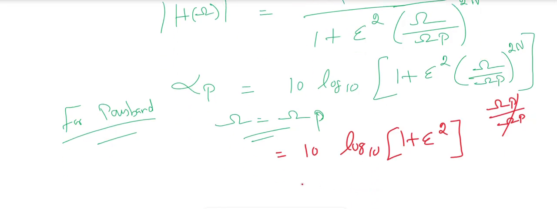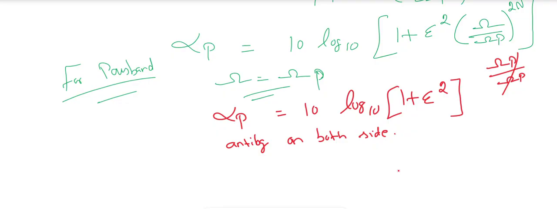So this is your alpha p. So if you take antilog on both sides, directly you can remember the formula, but let us see how we are deriving it.